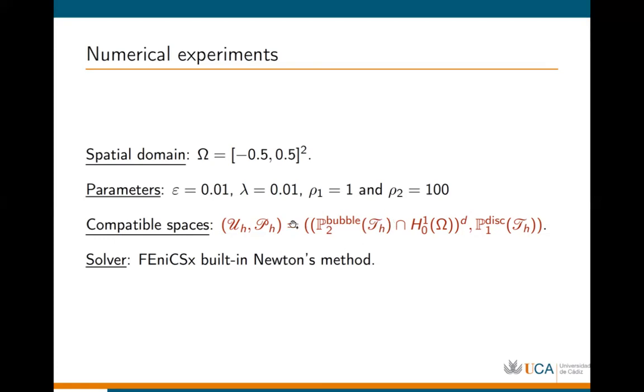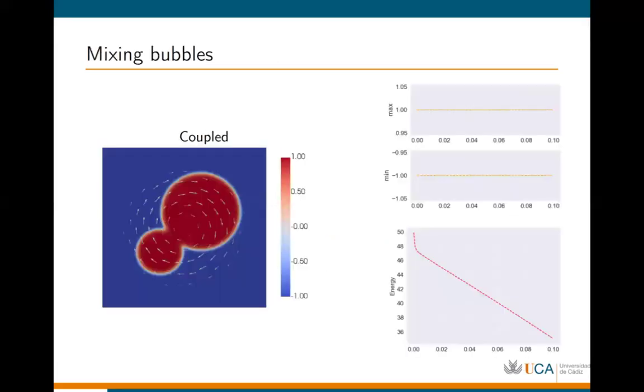We take P2 bubble for the velocity, and we take P1 discontinuous for the pressure. And since the resulting scheme is nonlinear, we need to use some approximation of the solution, and we use the FEniCSx built-in Newton method for that.